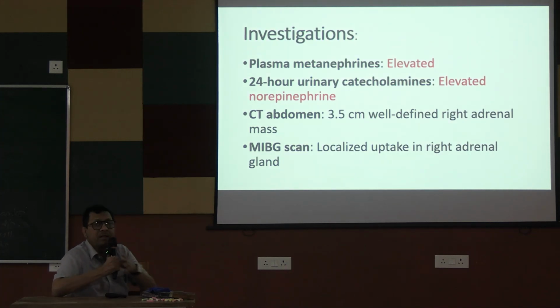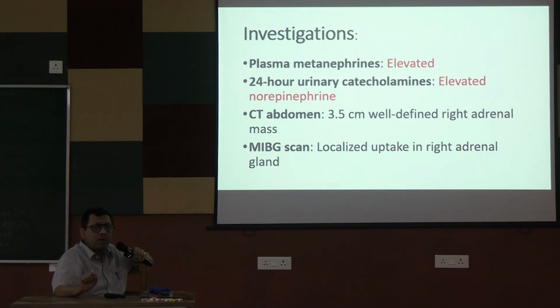Next, once you get this kind of a patient, you will have to investigate the patient to establish your diagnosis. How do you establish your diagnosis? The most important examination is plasma metanephrine. As we all know, epinephrine and norepinephrine are metabolized in the body into metanephrine, and this product is elevated in case of Pheochromocytoma, which is the diagnostic clue.